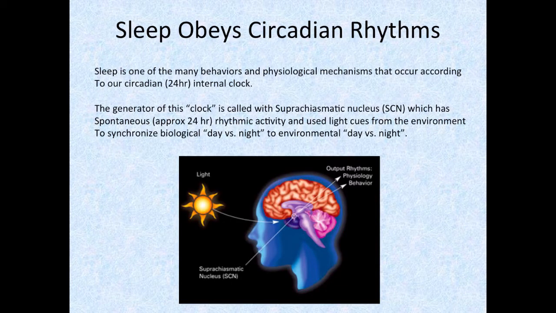So, sleep is one of the many behaviors and physiological mechanisms of the body that occur according to what we call our circadian or 24-hour internal clock. And the generator of this circadian clock is a part of the brain that we call the suprachiasmatic nucleus, or the SCN.